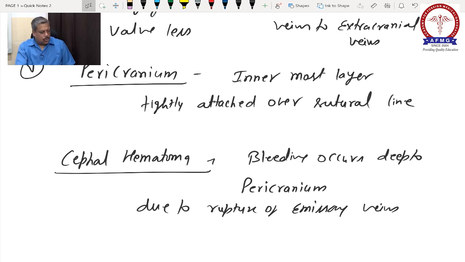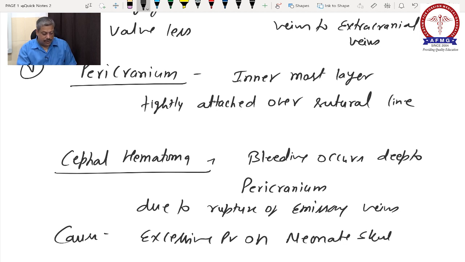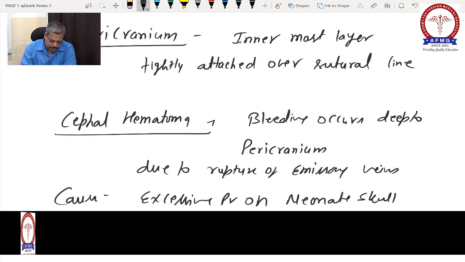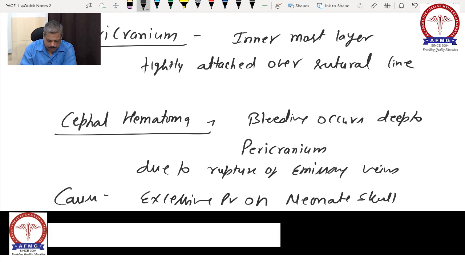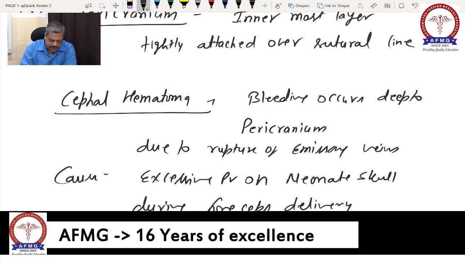Clear? So it forms cephalhematoma. What is the cause? The cause is excessive pressure on the neonate skull. When does it occur? It occurs during forceps delivery, or during ventouse extraction.